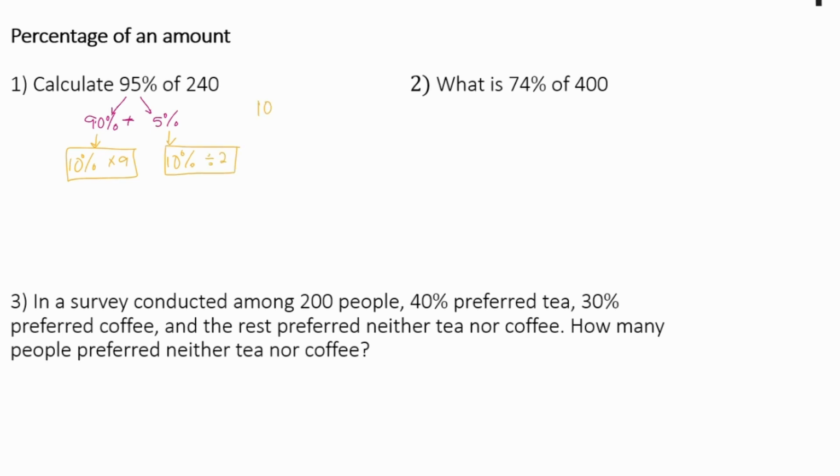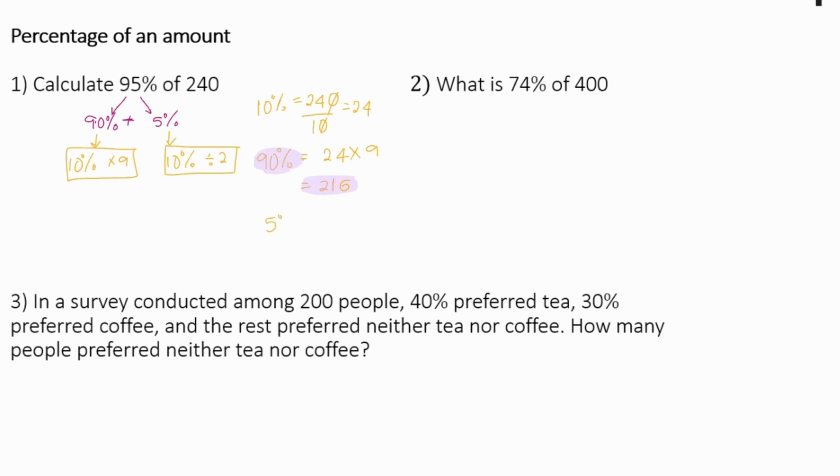So 10% of 240 means that we have to do 240 divided by 10, and that gives us 24. So to find 90%, we can do 24 multiplied by 9, and that gives us 216. So that is our 90%.